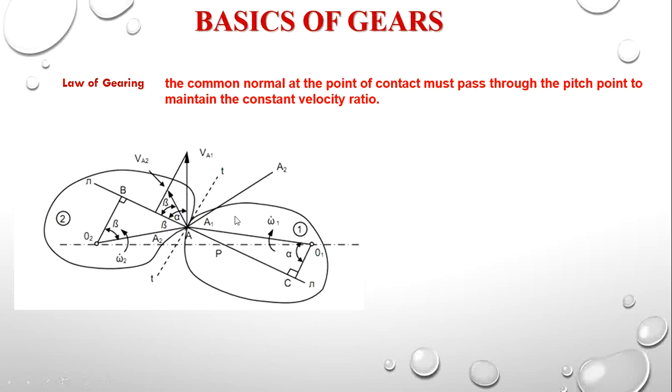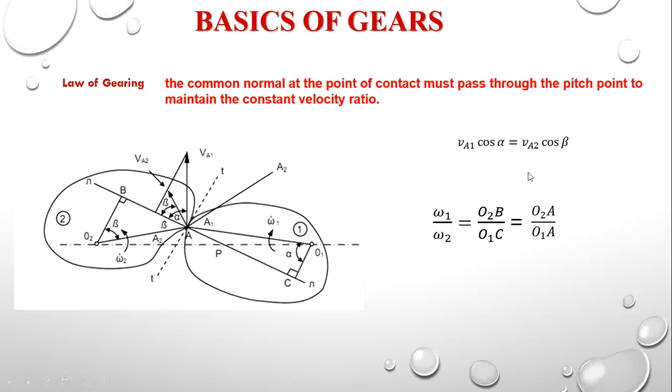Based on this we have the equation VA1 into cos alpha equals VA2 into cos beta. By applying some trigonometric equations we get omega 1 by omega 2 equal to O2B by O1C, which is again equal to O2A by O1A.